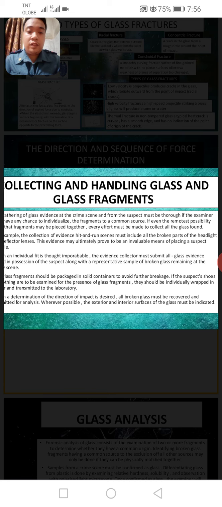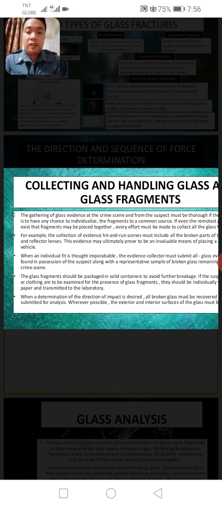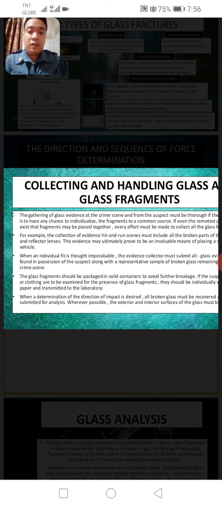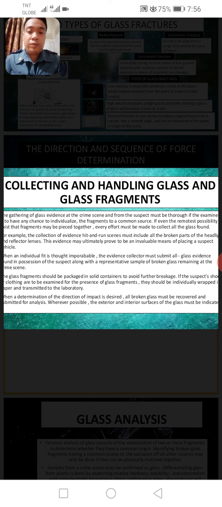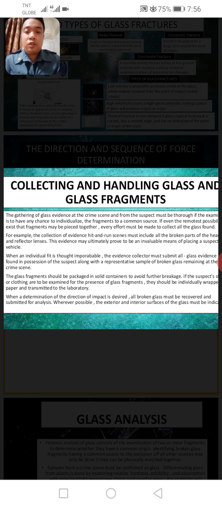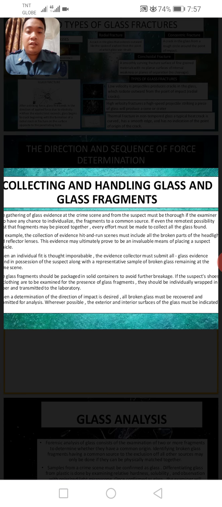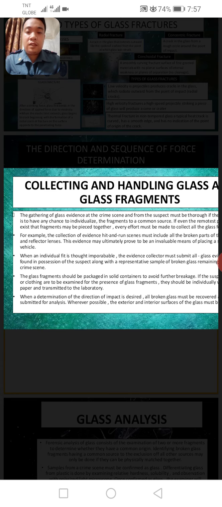If even the remotest possibility exists that fragments may be pieced together, every effort must be made to collect all glass found. For example, the collection of evidence at a hit and run scene must include all the broken parts, the headlight and reflector lenses.